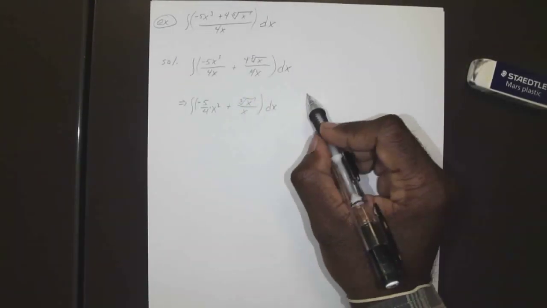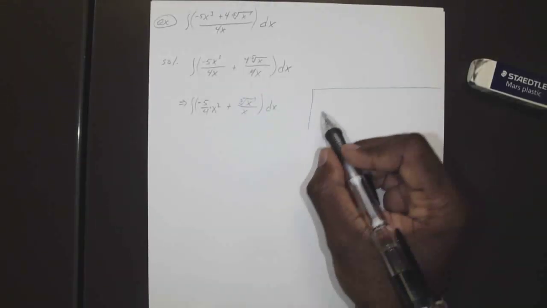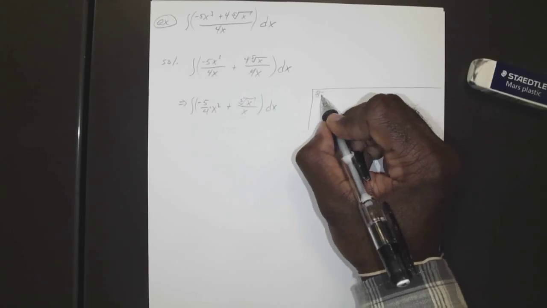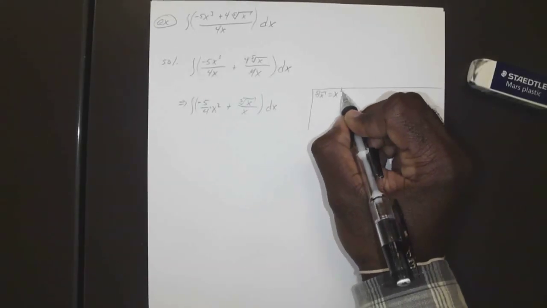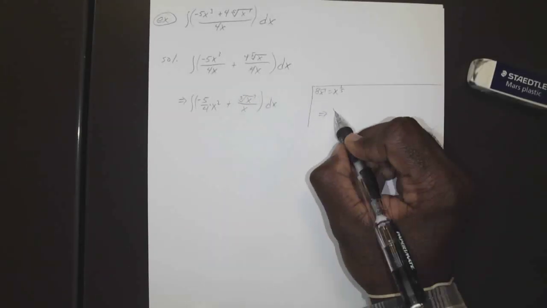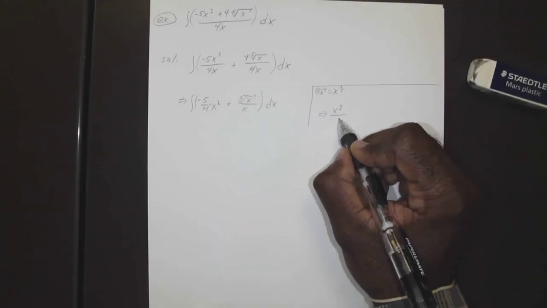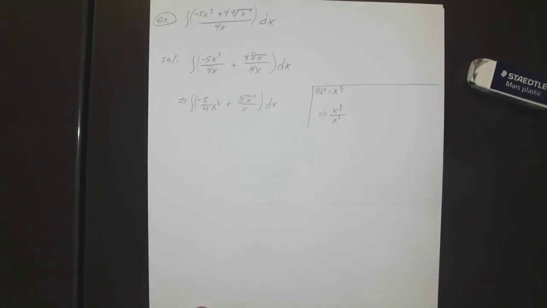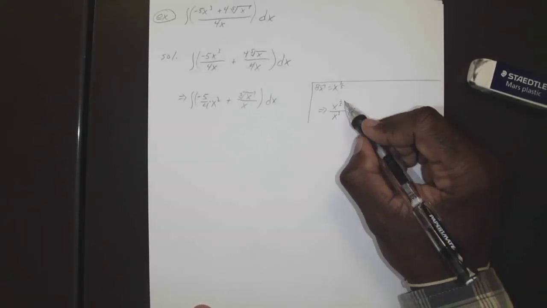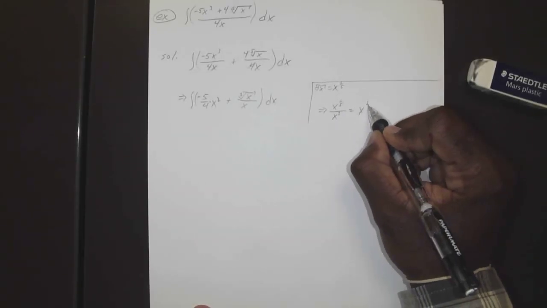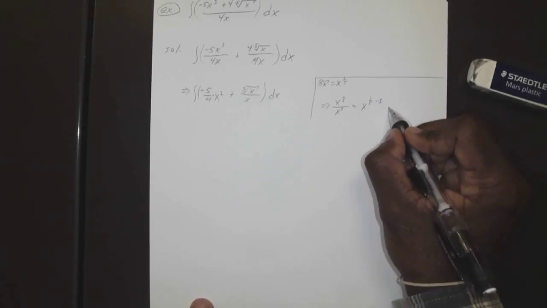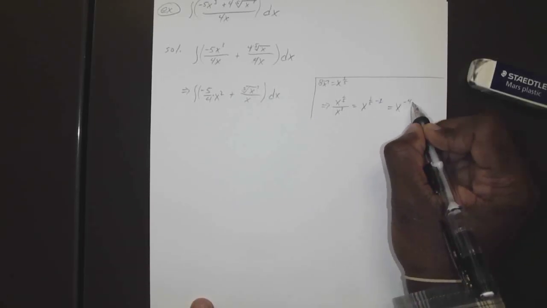Okay, now this term, you can actually simplify that too. So remember, the 5th root of x is just x to the 1/5 power. So that gives you x to the 1/5 power divided by x to the 1st power. So your rule for exponents when you're dividing is x to the 1/5 minus 1, which is x to the -4/5 power.